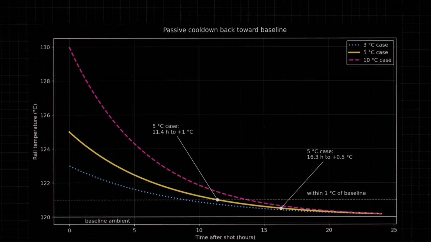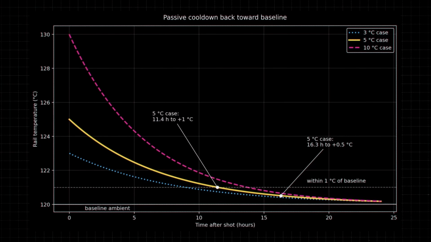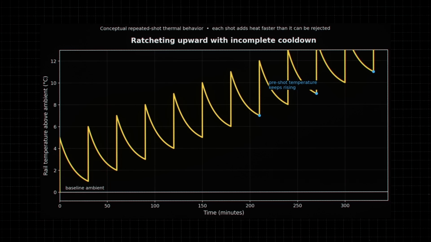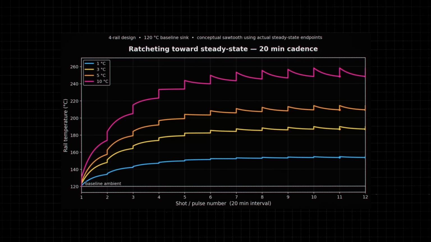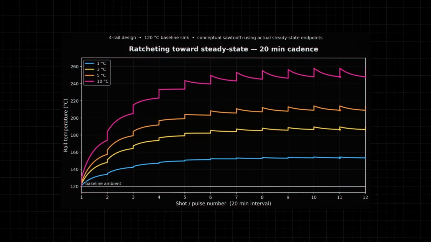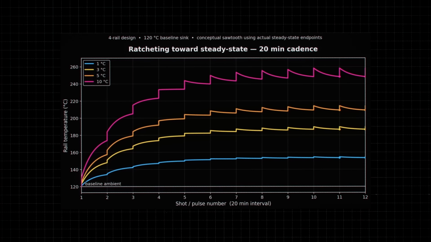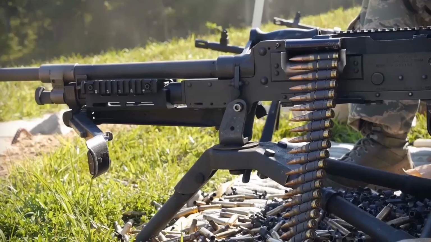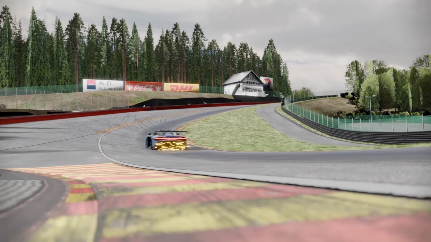But this isn't determined by cooling perfectly back to ambient between shots, as that would take way too long. Rather, it is sized around steady state operation, how much heat is deposited per shot versus how much heat the rails reject between shots. Since temperature radiates to the fourth power, the hotter something gets, the hotter it radiates, so we reach a point where tempo determines temperature, where our material limits don't determine whether or not we can fire a round off without melting, but rather the rate at which we can fire rounds, our tempo or frequency, and this is the same with things like a machine gun or an internal combustion engine.